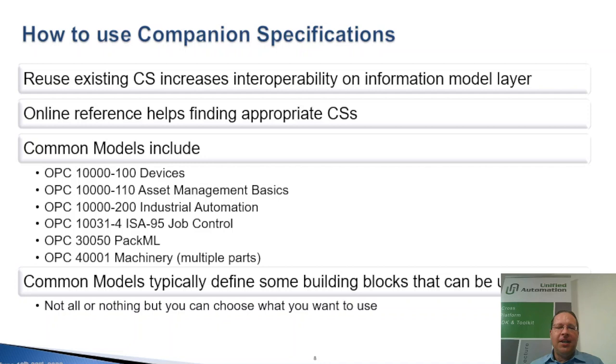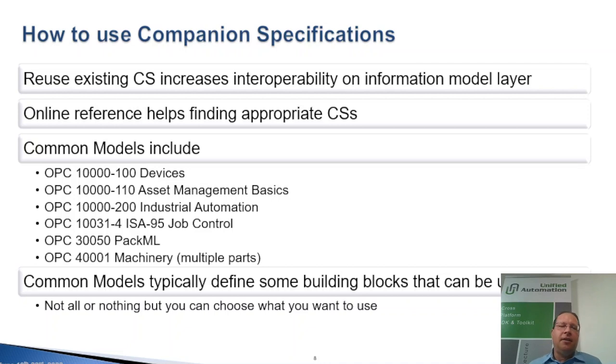And finally, we have the machinery specification, which is dealing with common features in the area of machinery. It's actually multiple parts, and that does include, oh, how do I find a machine in my OPC UA server at all, or maybe it manages several machines. How do I do the identification, of course, based on the devices specification?